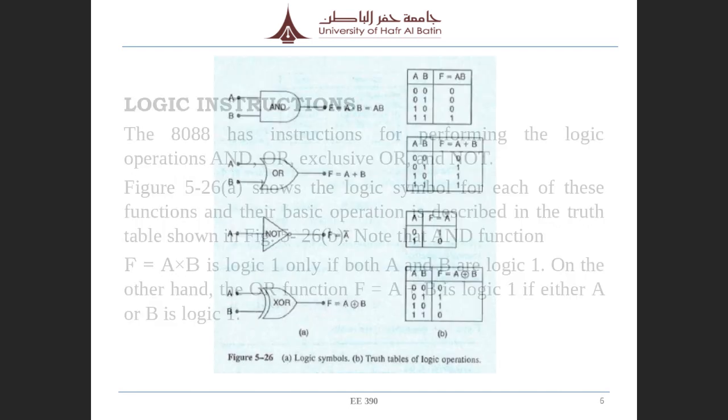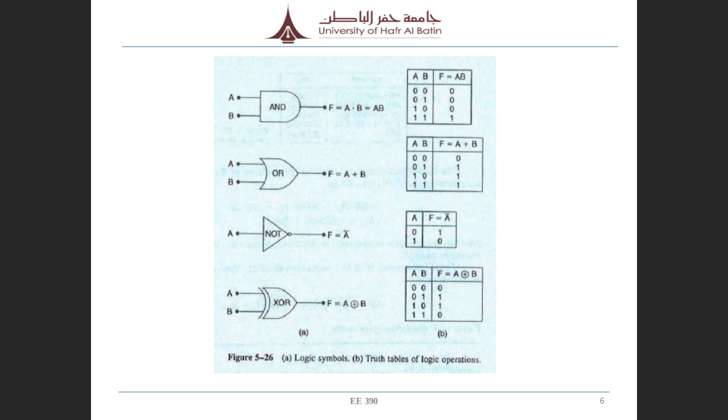For example, the AND operation, which you already know, is a bitwise logical AND. 0 0 gives 0, 0 1 gives 0, 1 0 gives 0. The output is 1 only when both are 1. And for the OR operation, the output is always 1 except when both are 0.